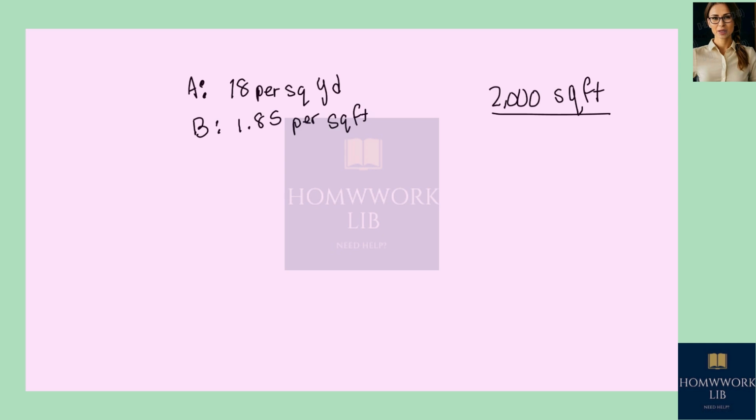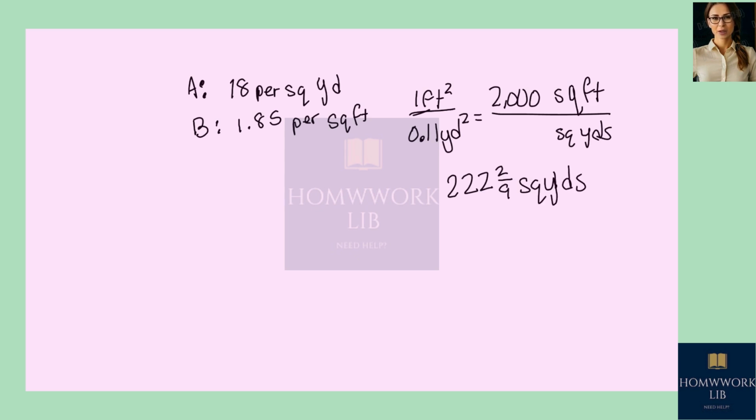And so if I convert that to square yards, 1 square foot is equal to 0.11 yards squared. So I'm going to take 2,000 and multiply it by 1/9, and that is 222 and 2/9 square yards.